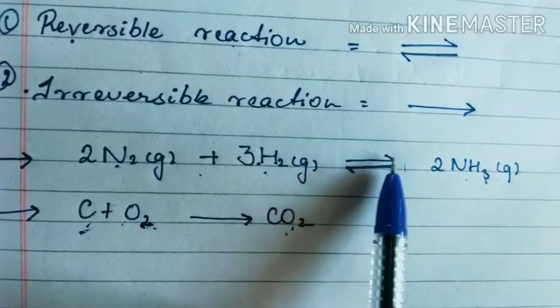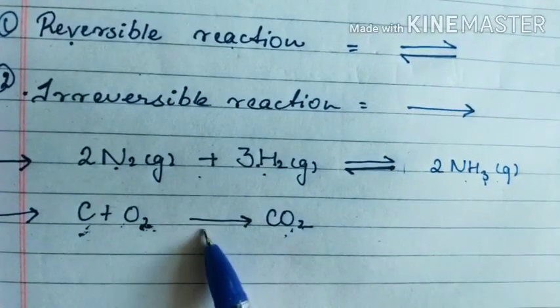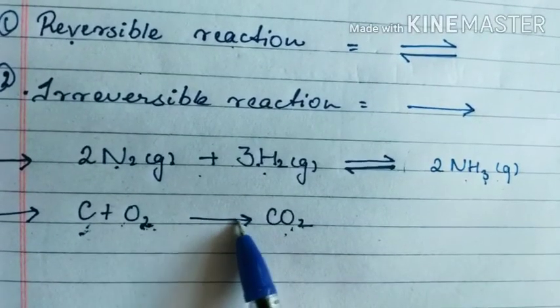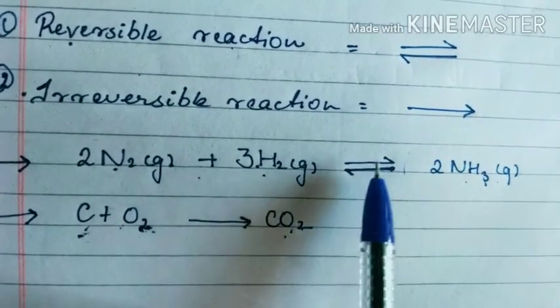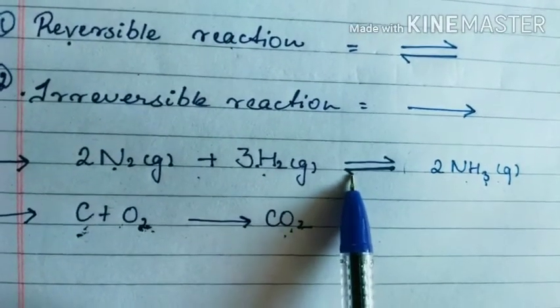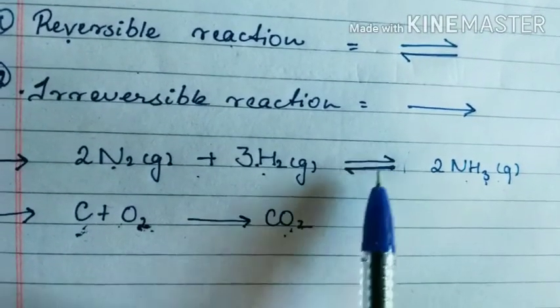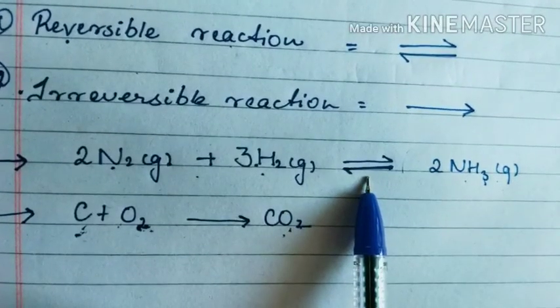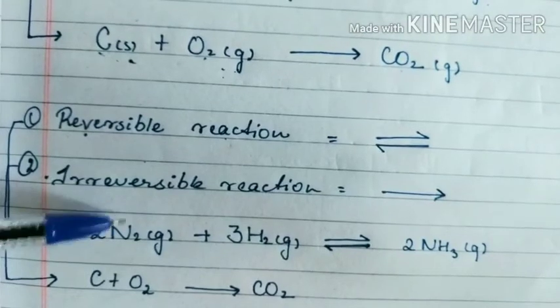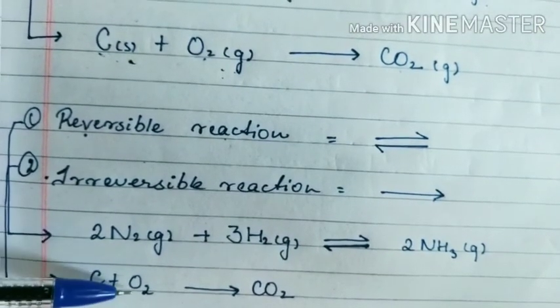What is the difference between showing reversible and irreversible reaction? In irreversible reaction, only one arrow is found, from the reactant side to the product side, but in reversible reaction this kind of arrow is shown. Here you can see examples of reversible and irreversible reaction.